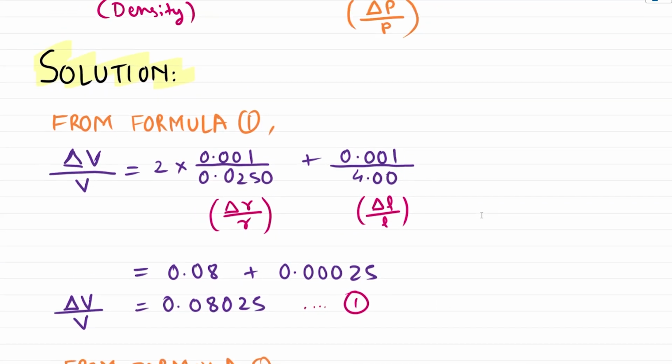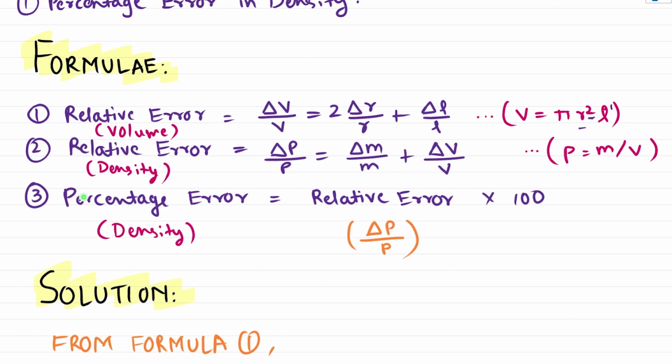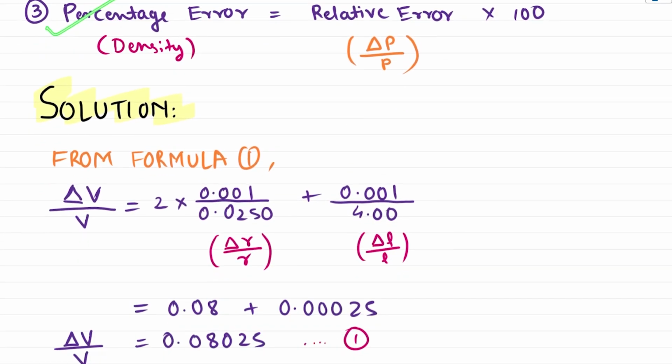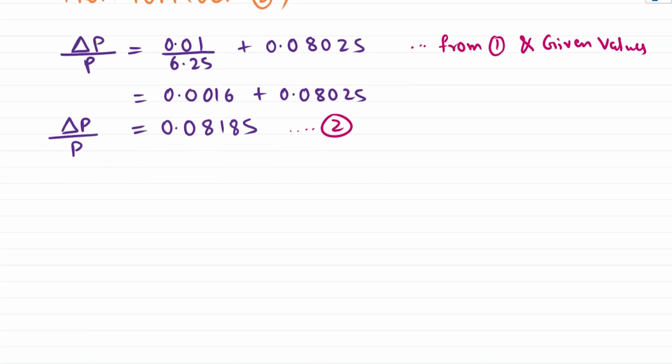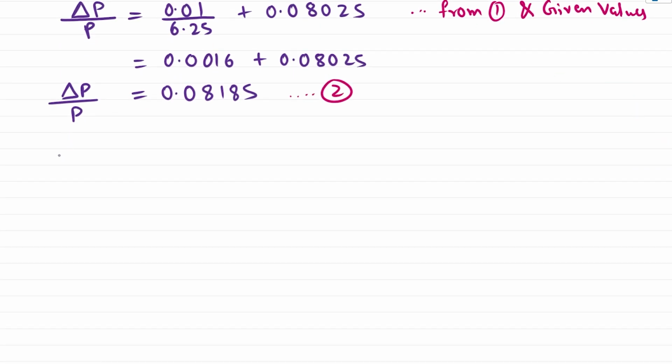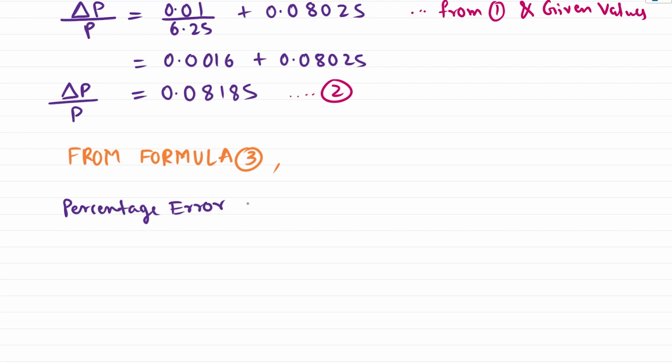But our task was not to calculate the relative error in density, but to calculate the percentage error in density. So let us quickly calculate the percentage error in density using the value of relative error in density. From formula 3, I can say the percentage error in density can be the value of relative error.